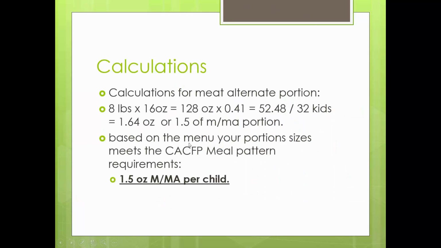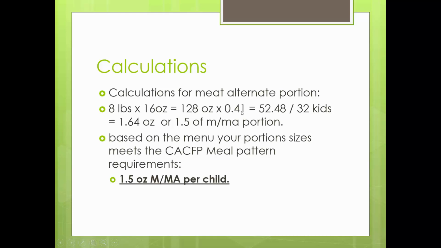Here are my calculations for the chuck roast. Since I decided to purchase 8 pounds, because I know there might be some leftovers or some second servings, I times it by 16 ounces per pound, which is equivalent to 128 ounces. Based on 128 ounces, when you cook it, you times it by 0.41 for cooked.